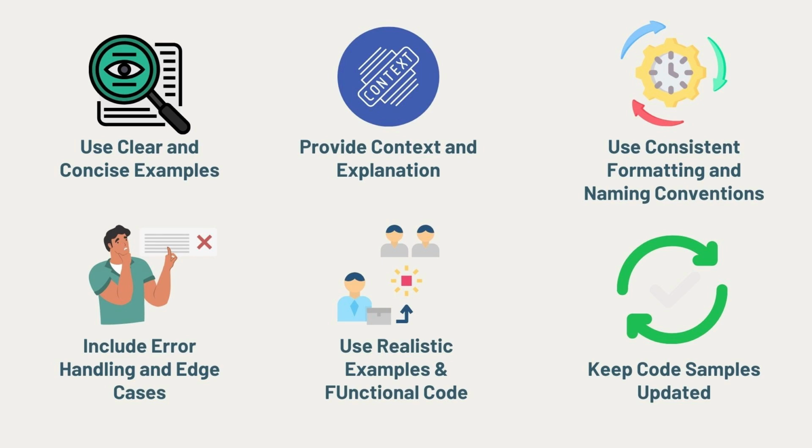For example, why might I need a to-do app? What is it going to do? You can write it in an introduction of your article, like today we are going to build a to-do list app, and the reason for the to-do list app is to help us improve productivity, and it's going to have A, B, C, D, all that. Give the context before you start writing the actual code.